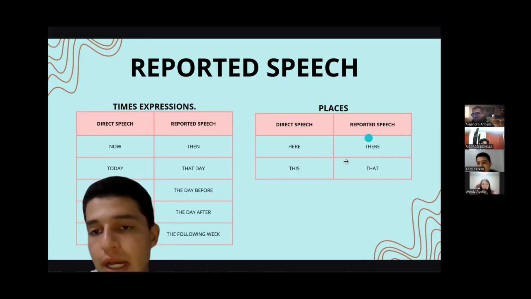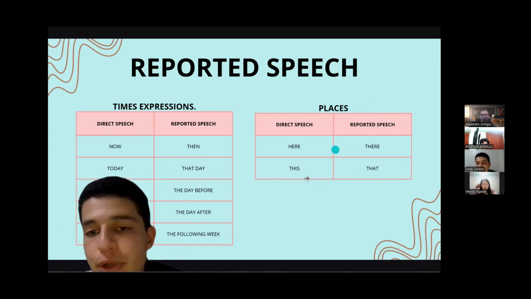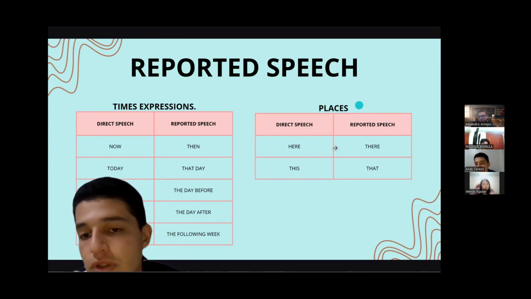In this part we have the place expressions. We have just two expressions here: here and this. In reported speech, here changes to there, and this changes to that.